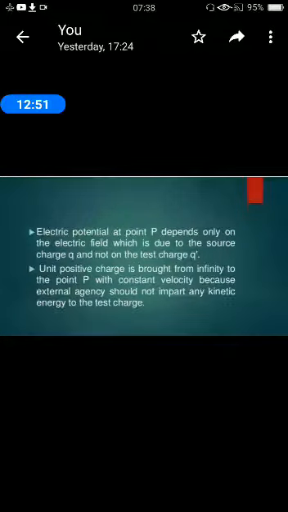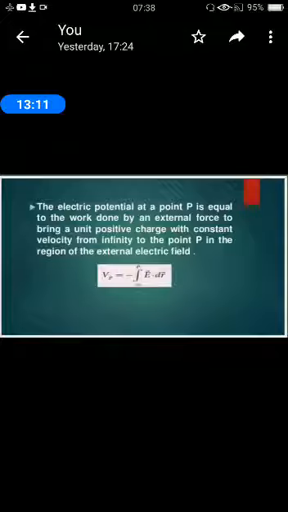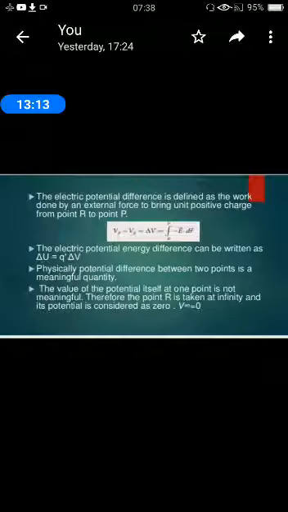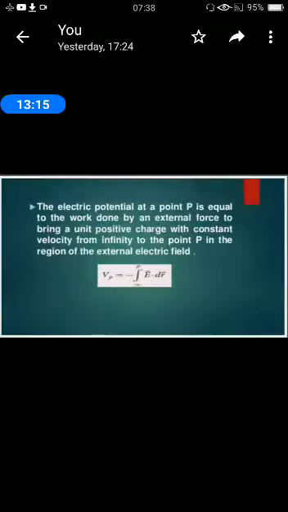We'll learn some important points under this. The electric potential at a point P depends only on the electric field which is due to the source charge Q and not on the test charge Q prime. This is evident from the equation we have derived. In your equation, both in Vp and delta V, the formula is independent of Q prime.